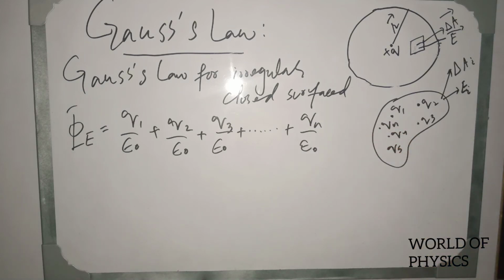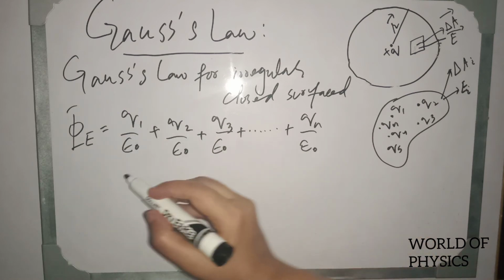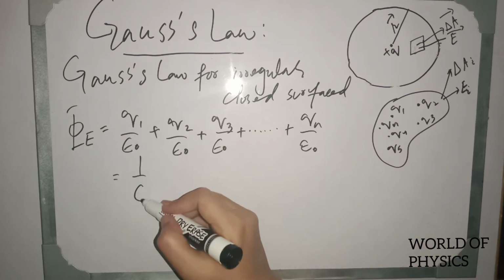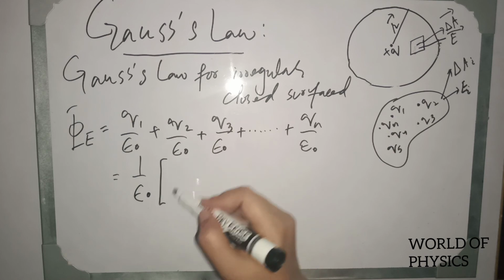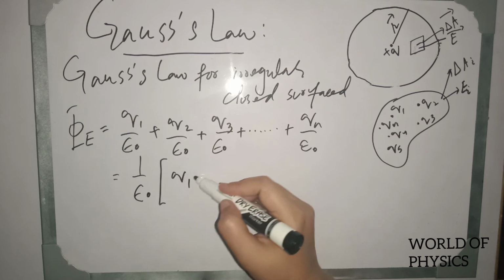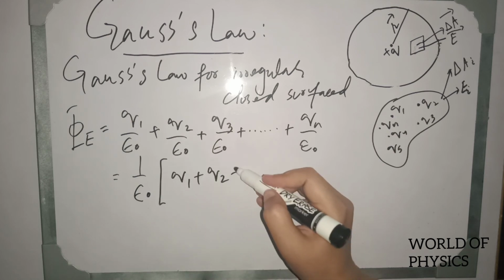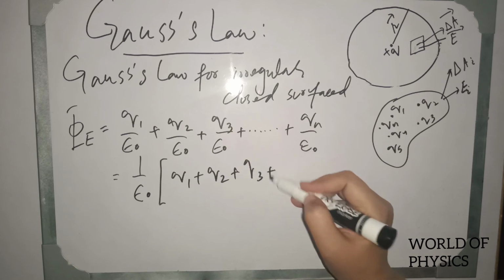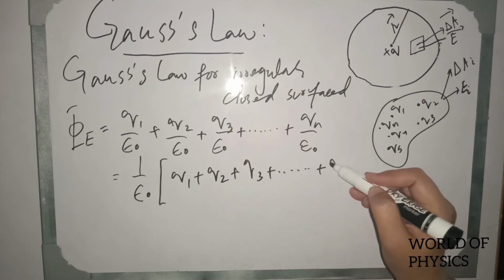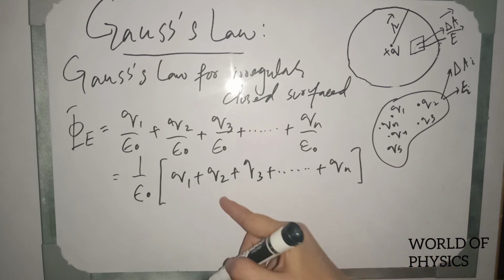Now epsilon naught is the same, so 1 over epsilon naught will be taken as common, and inside the bracket we write Q1 plus Q2 plus Q3 plus dot dot dot plus Qn, as all these are charges.